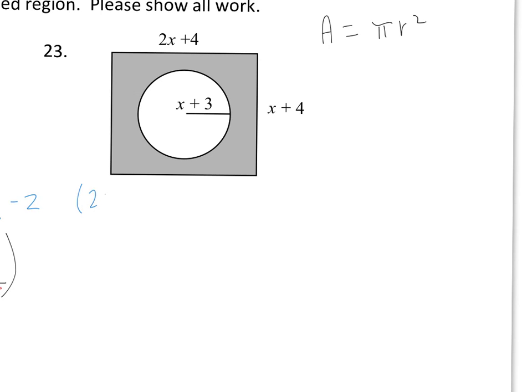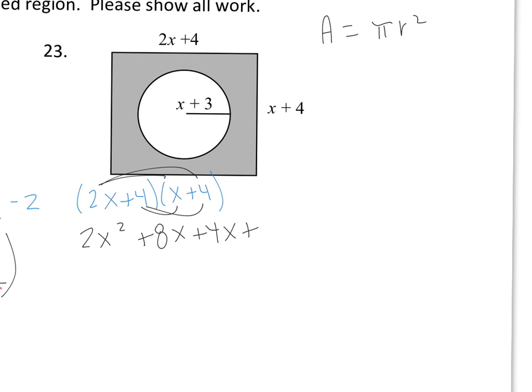So I'm going to take 2x plus 4 and multiply that by x plus 4 and FOIL and get 2x squared plus 8x plus 4x plus 16. Combine my like terms and get 2x squared plus 12x plus 16. And that's for my rectangle.